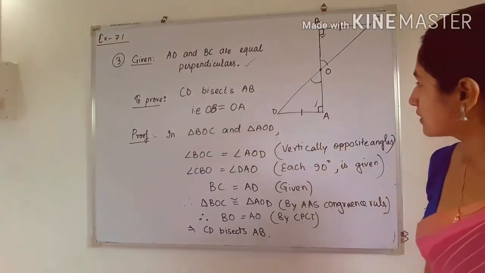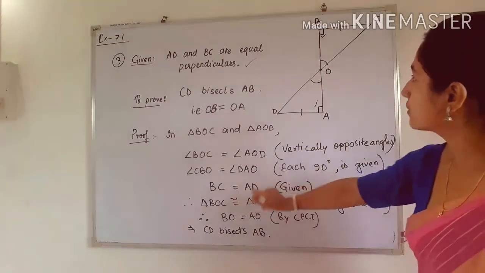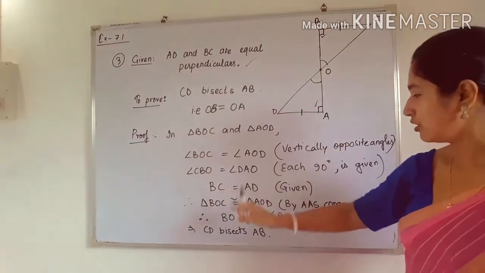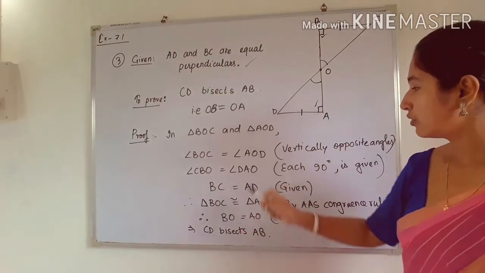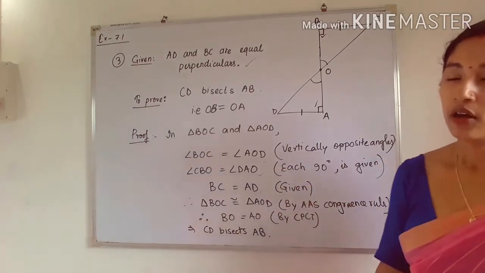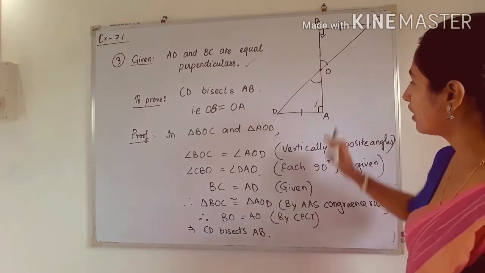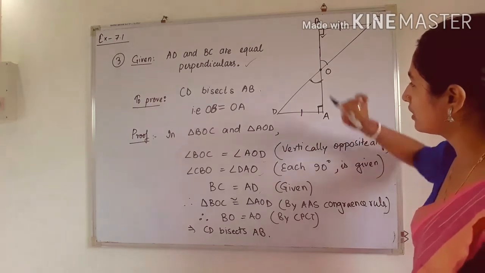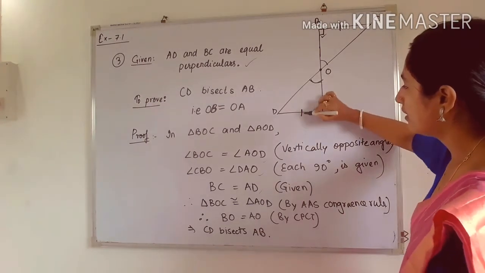Next, what is given? BC is equal to AD. So this length and this length are equal, it is also given in the question. So therefore 3 criteria are fulfilled. So we can say both the triangles are congruent. But by which criteria they are congruent, we have to check. See, this angle is equal, and this side is equal. That means angle, angle, side.